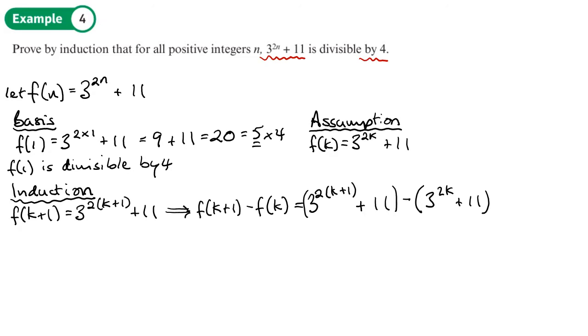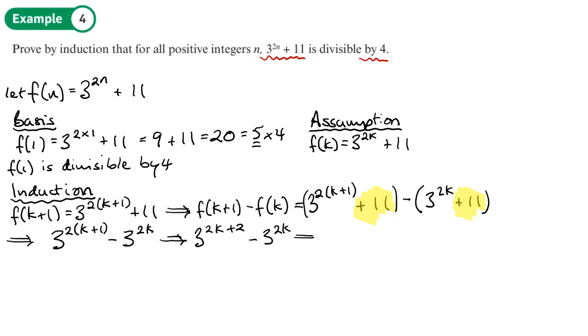So the rest of this now is trying to get out 4 as a factor. So I can see that actually I've got plus 11 minus 11 there, so that's gone. So let's just write down what's left. So we've got 3 to the power 2 k plus 1 minus 3 to the 2k. So next thing I'm going to do is to multiply out that power. So I'll have 3 to the 2k plus 2 minus 3 to the 2k.